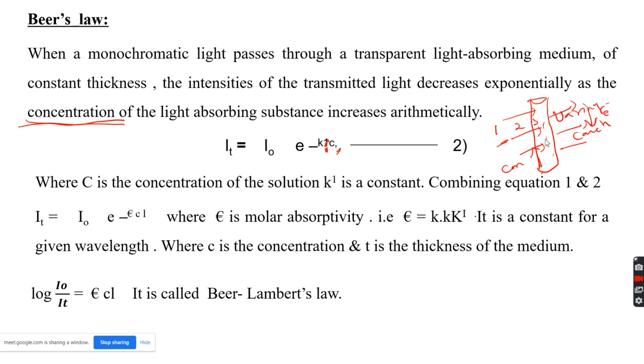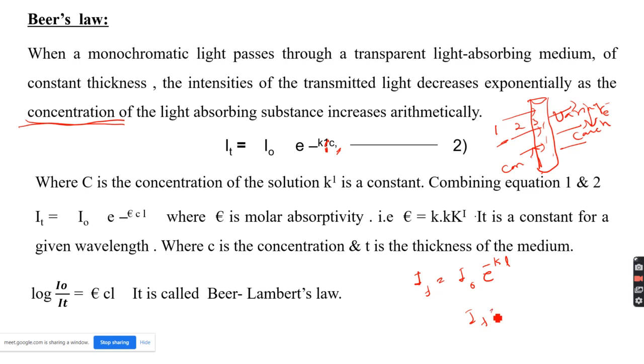We may express It = I0 e^(-K1 C), where C is the concentration of the solution and K1 is a constant. And we'll combine the first and second equations. The first equation is It = I0 e^(-KL).